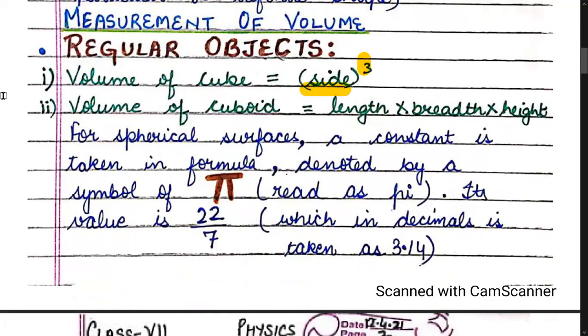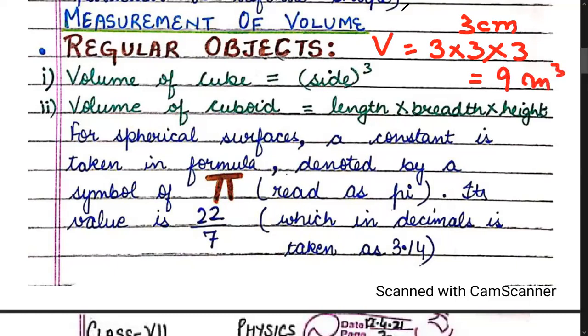It means that if the side of a given cube is 3 centimeter, then the volume of the cube will be 3 multiplied by 3 multiplied by 3 comes out to be 9 centimeter cube.